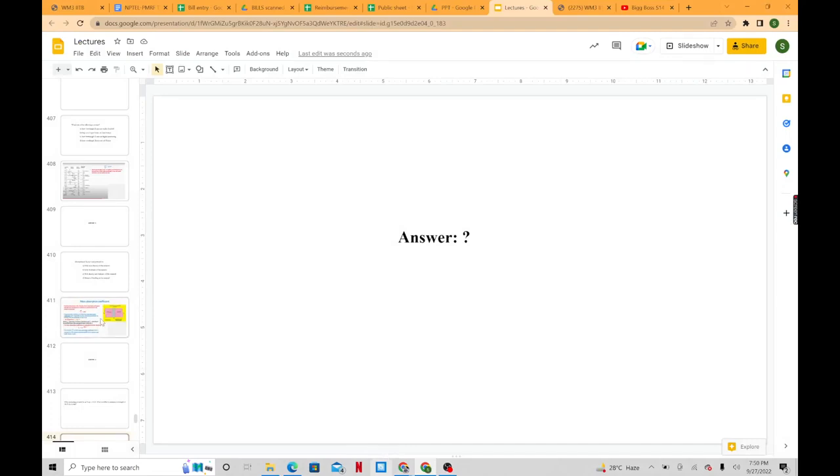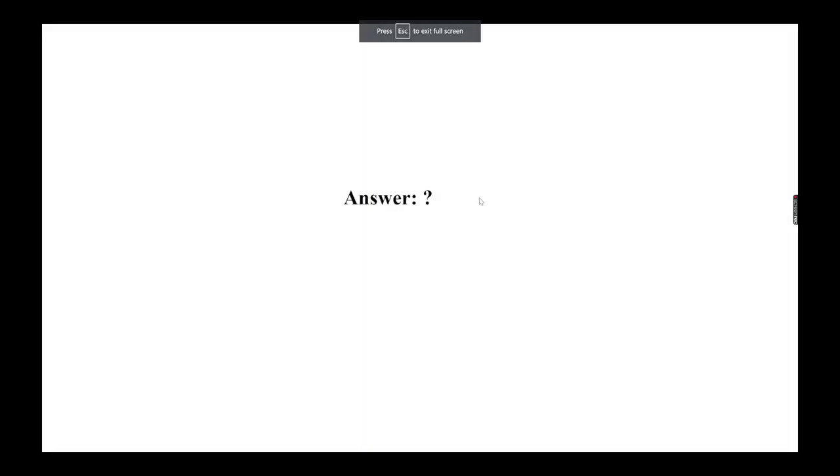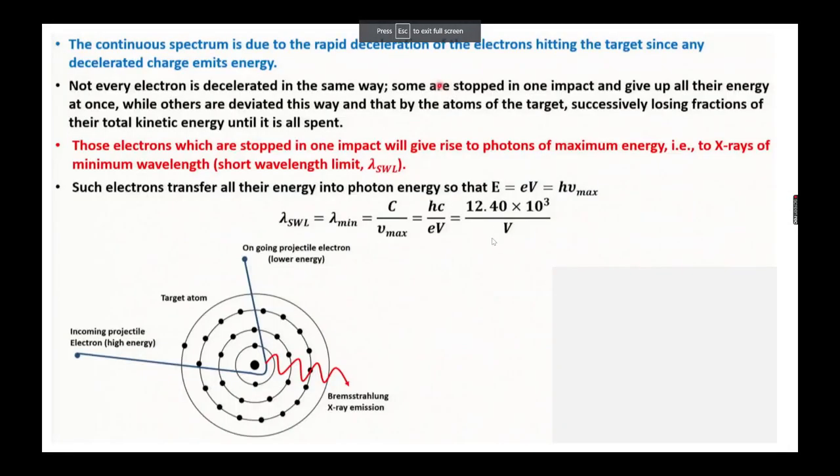Maybe you will find some question like this in your assignment. Very simple. So yes, you are right. Here you can see the relation: lambda SWL, the short wavelength, or lambda minimum, is given by hc by eV.